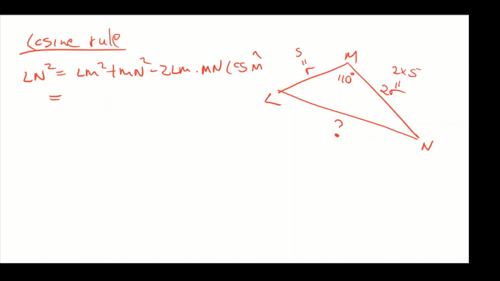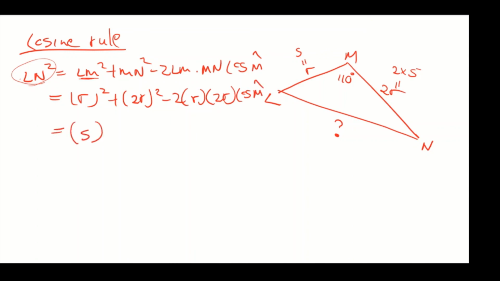So we substitute LM, which is equal to r, so it's r squared plus 2r squared minus 2 into r into 2r cos of M. Where there's r, we put 5, so it's 5 squared plus 2 times 5 squared minus 2 into 5 into 2 times 5 cos of 110 degrees.